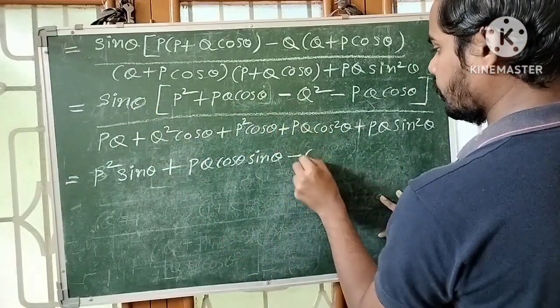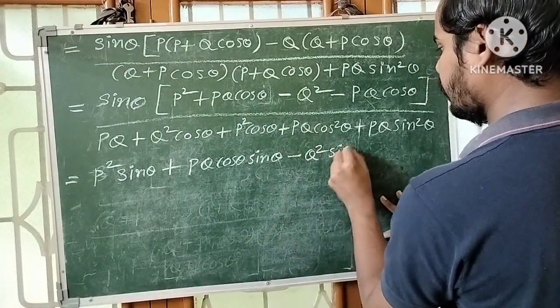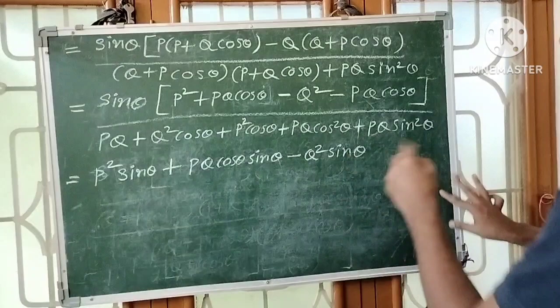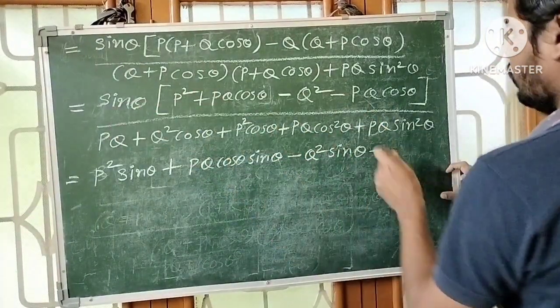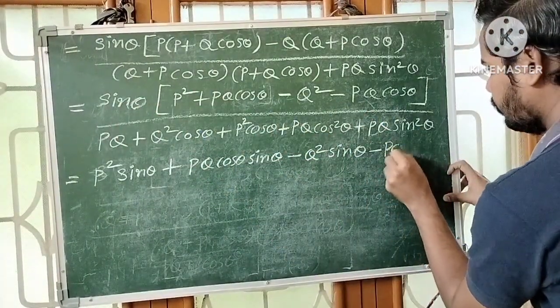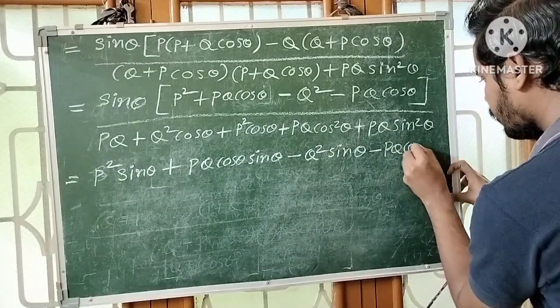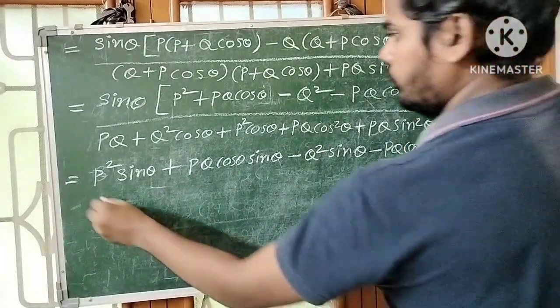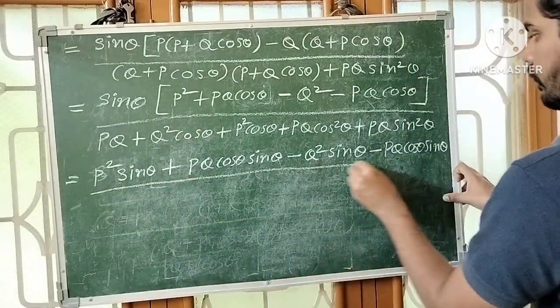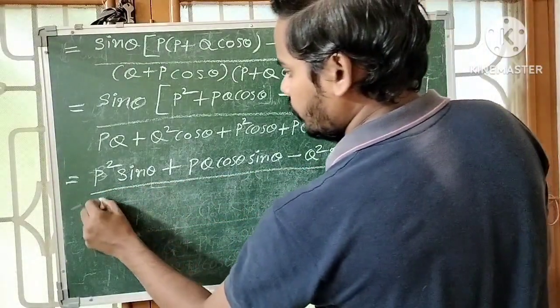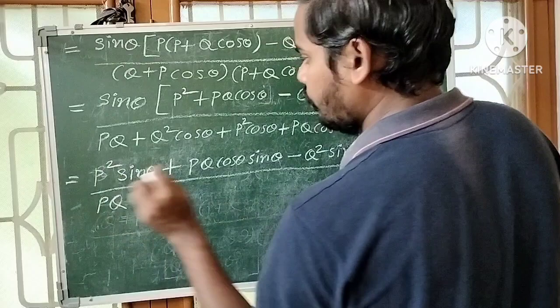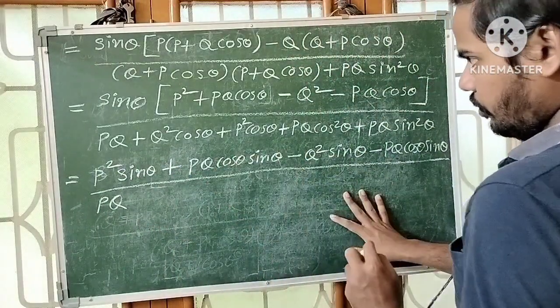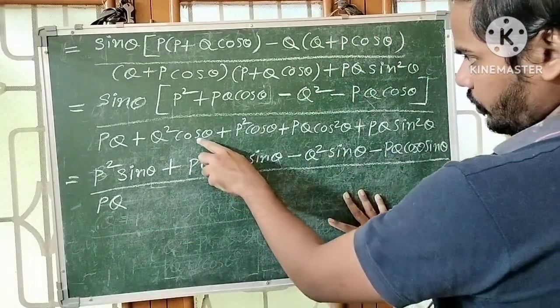Sin theta into minus q square, minus q square sin theta. Sin theta into minus pq cos theta, minus pq cos theta sin theta, whole divided by pq. So just find the common terms.